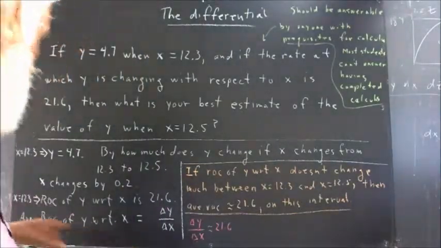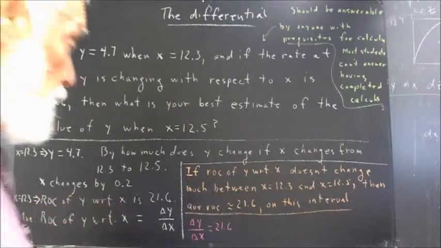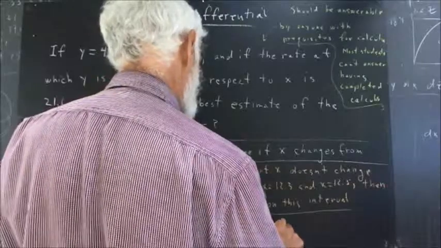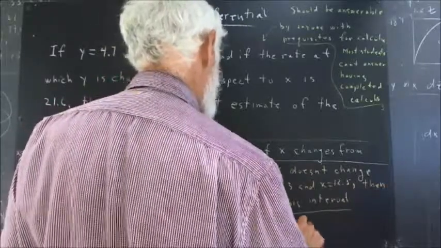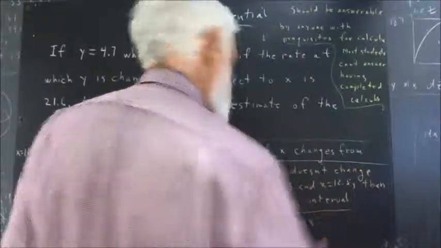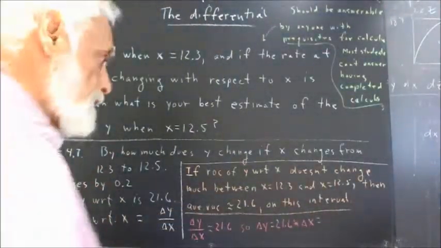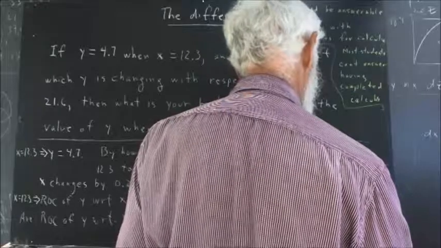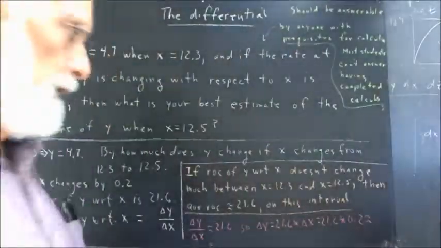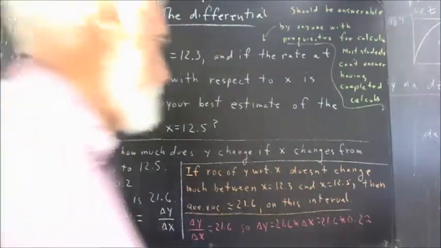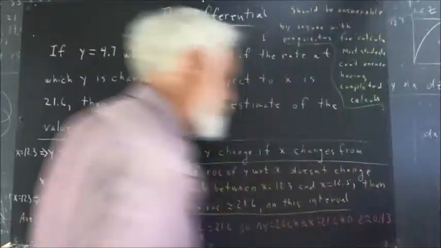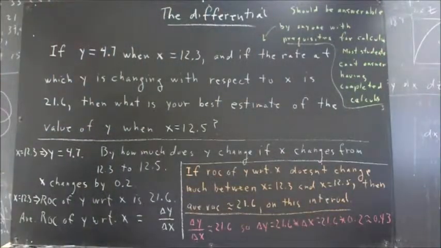And knowing that delta x is 0.2, change in y should be 21.6 times change in x, which is 21.6 times 0.2. And that's approximately equal to 0.43. It's 0.432 if I did my arithmetic correctly.